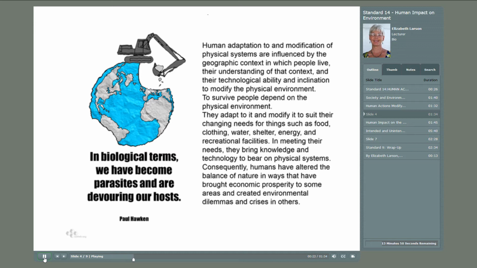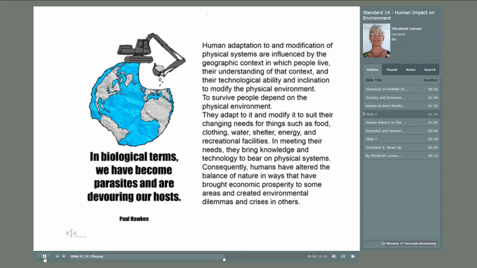They adapt to it and modify it to suit their changing needs for things such as food, clothing, water, shelter, energy, and recreational facilities. In meeting their needs, they bring knowledge and technology to bear on physical systems. Consequently, humans have altered the balance of nature in ways that have brought economic prosperity to some areas and created environmental dilemmas and crises in others.